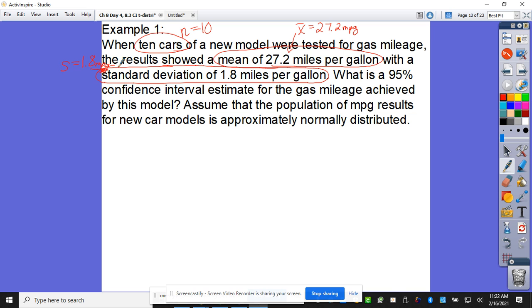And then what is a 95% confidence interval? So that's my what? Confidence level. Estimate of the gas mileage achieved by this model, assume population. So what is it that it tells us?